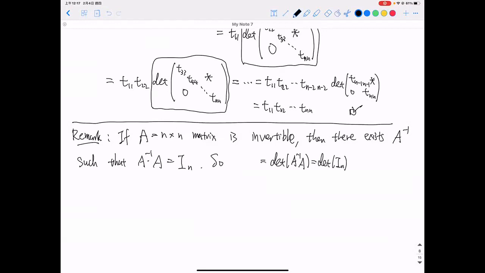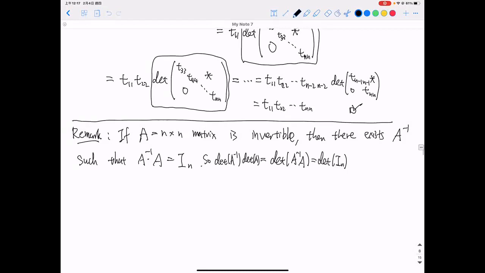On the other hand, the determinant of a product is equal to the determinant of A inverse times the determinant of A. Now, the identity matrix is certainly triangular, or in fact, it's diagonal.